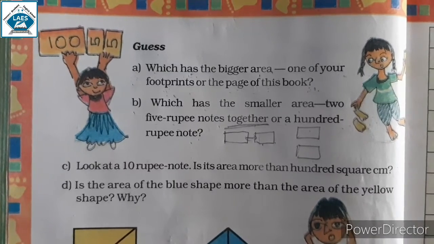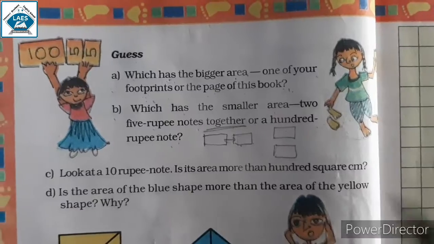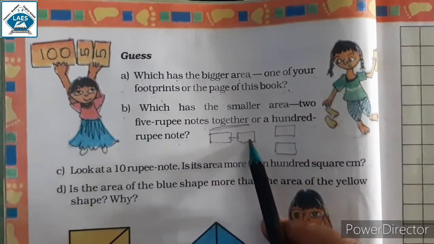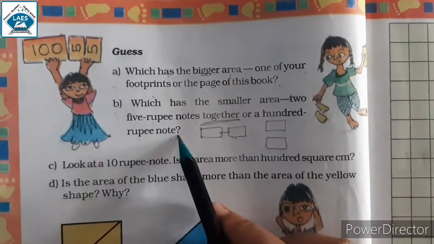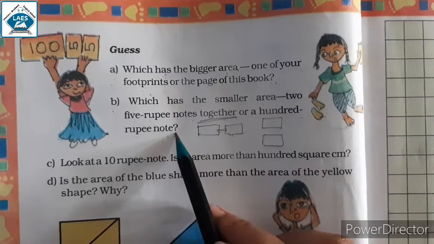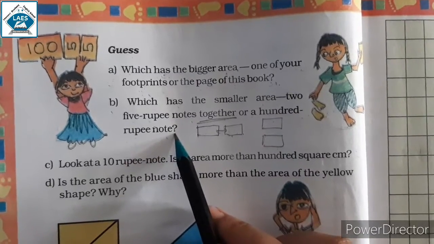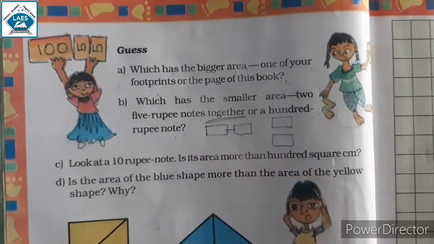For that we have to find the area of two 5 rupees notes or the area of a 100 rupees note. Okay, so let's first find the area of two 5 rupees notes.